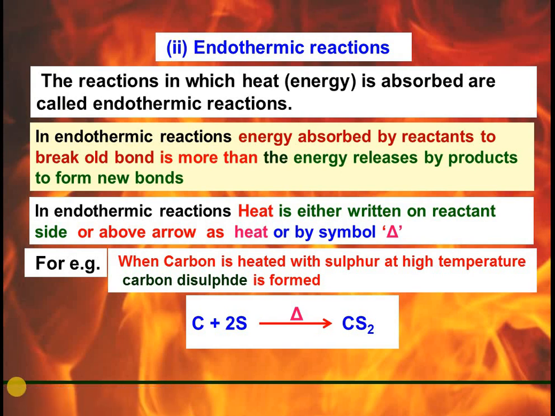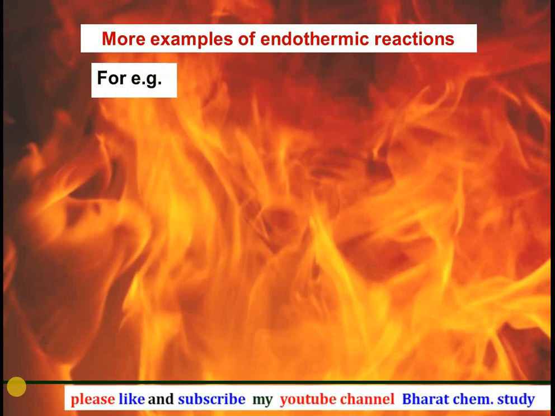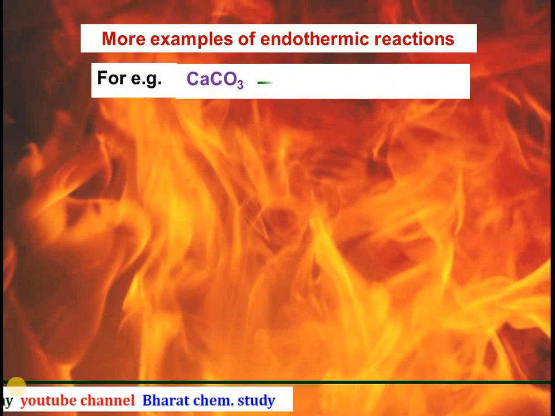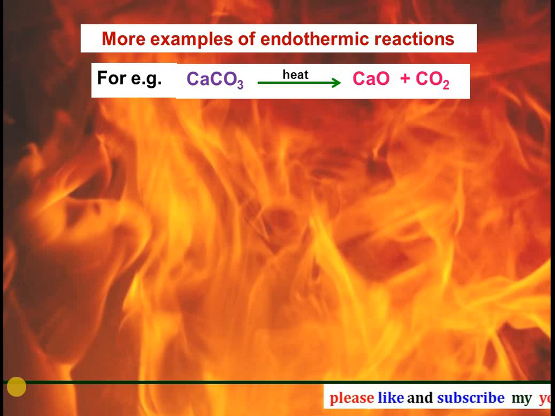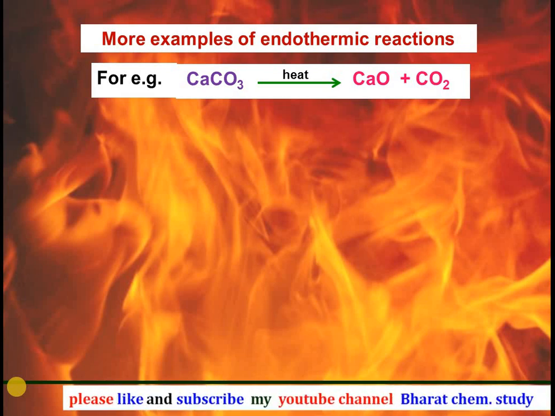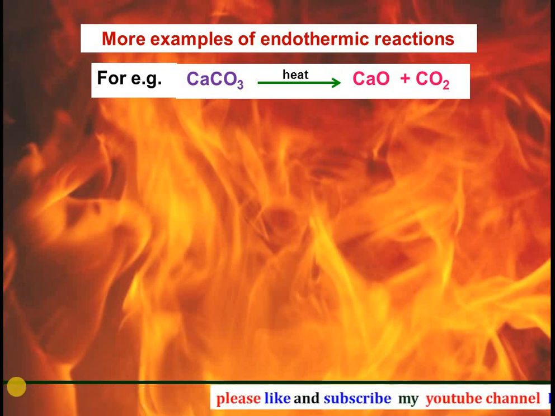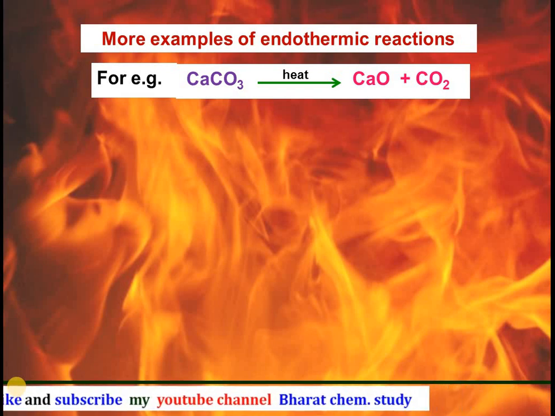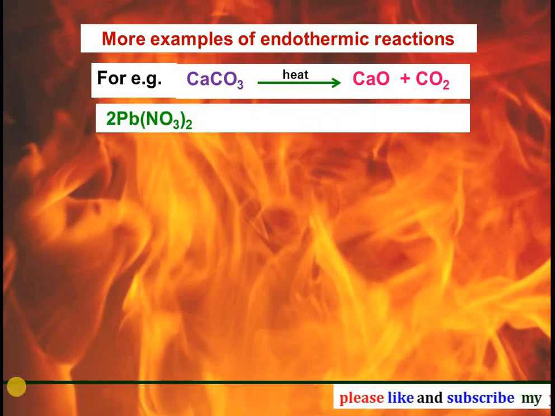Some more examples of endothermic reactions are: calcium carbonate on heating decomposes to give calcium oxide plus carbon dioxide, and here we are writing heat. So heat on the reactant side can be written as delta above the arrow, or heat above the arrow, or heat plus on the reactant side.